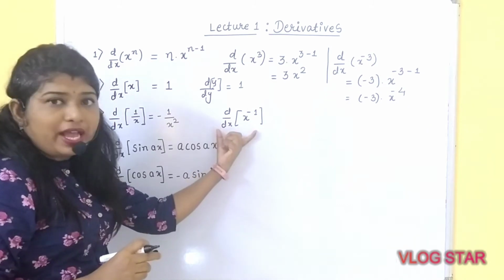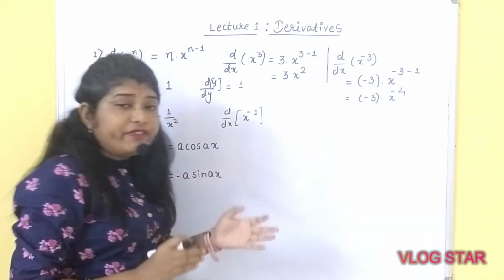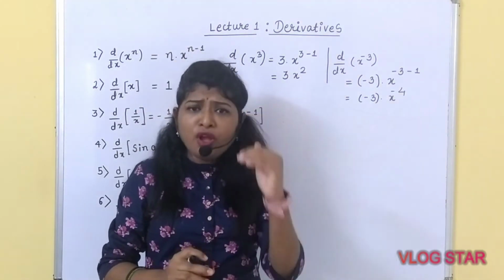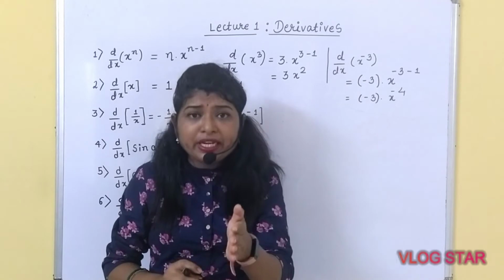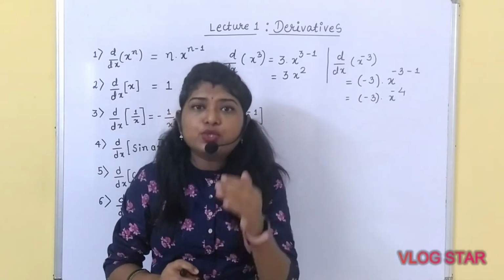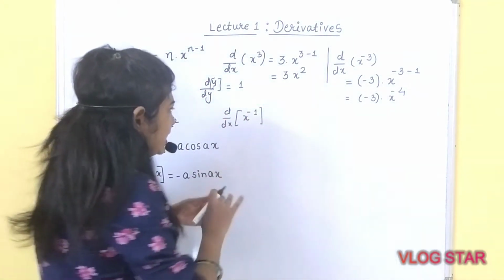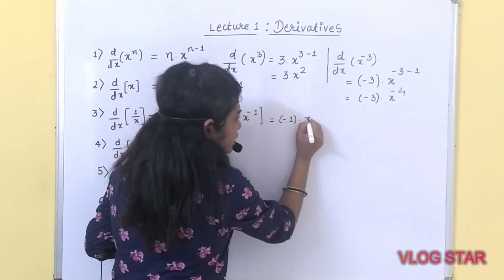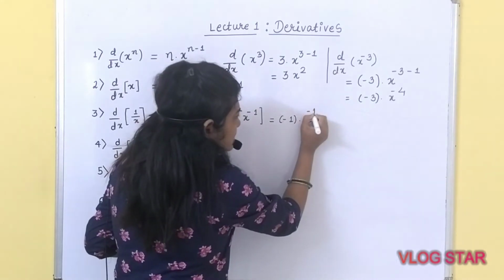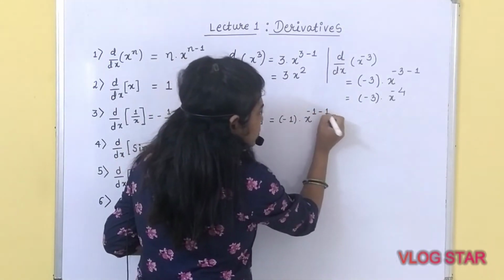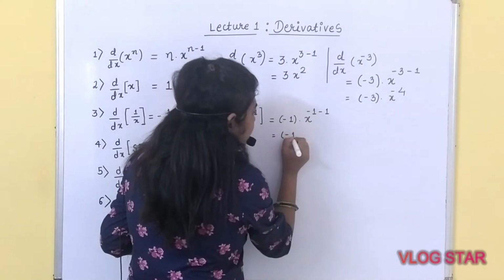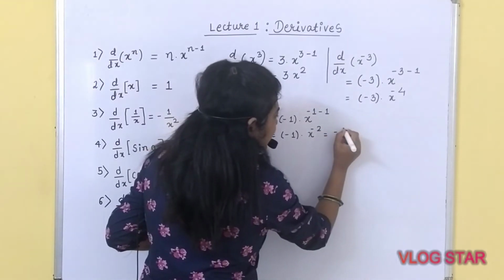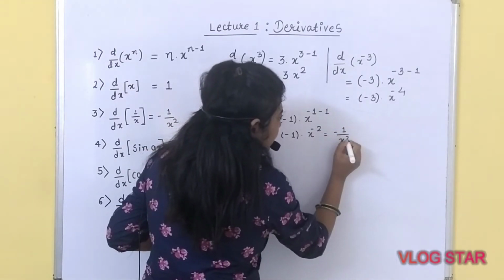What is the first formula? If it is x raised to n, the derivative is n into x raised to n minus 1. In this case, n is minus 1 and x is written as it is. n minus 1 is minus 1 minus 1, so you get minus 1 into x raised to minus 2, which I can write as minus 1 upon x square.